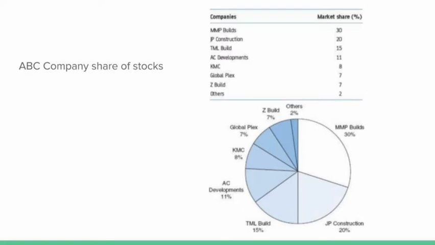However, in the illustration, it is clear, it has a label. For example, Z build, which is 7%, has a similar color with others 2%, yet we indicate the label so that it cannot be confusing for the readers.